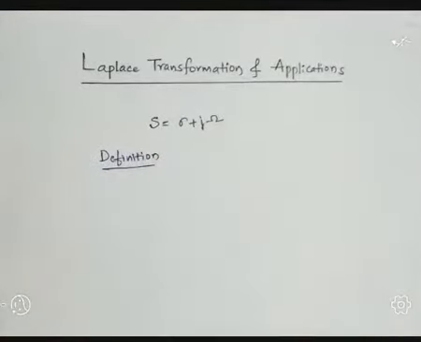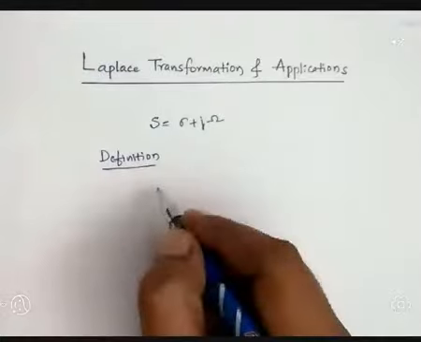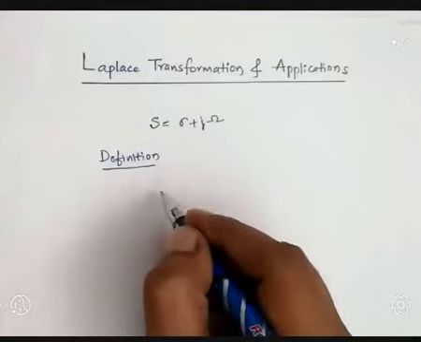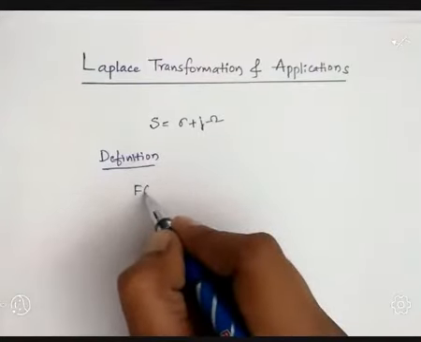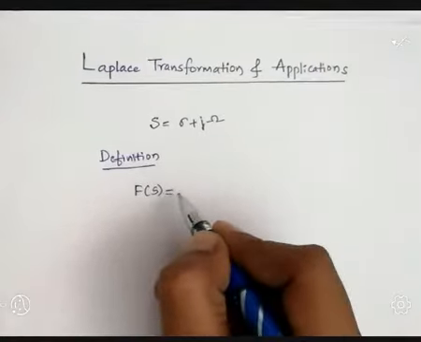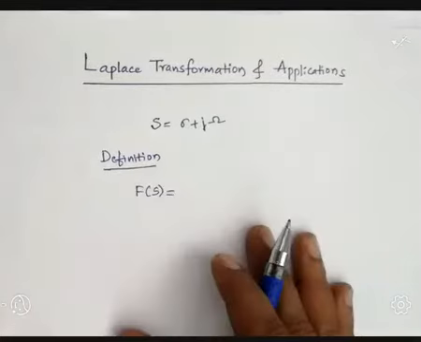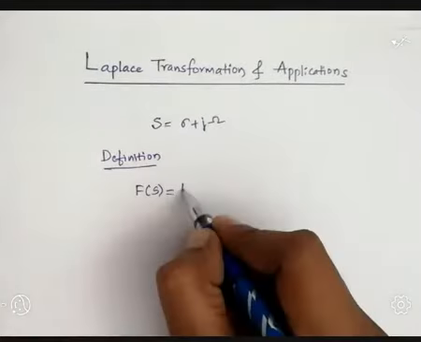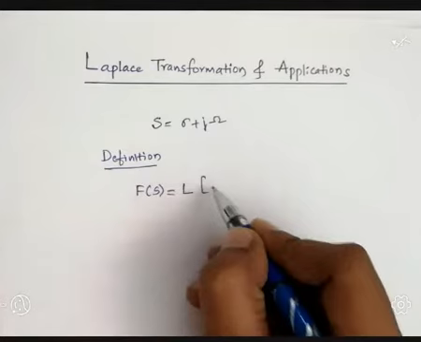The Laplace transform of a function. I am going to consider one function, that is f of t. If you calculate the Laplace transform for that function f of t, it is indicated as F of s, where F of s is the Laplace transform of the function f of t.